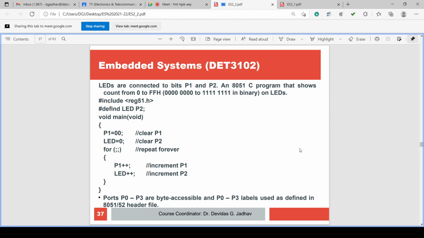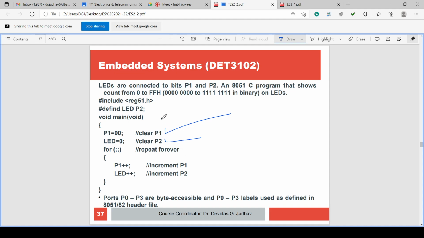So we have to send from 0 to FF, that is 00000000 to 11111111, and we can use P1 directly, or we can name it as P2 LED, isn't it? And we can send it, and we can repeat this.